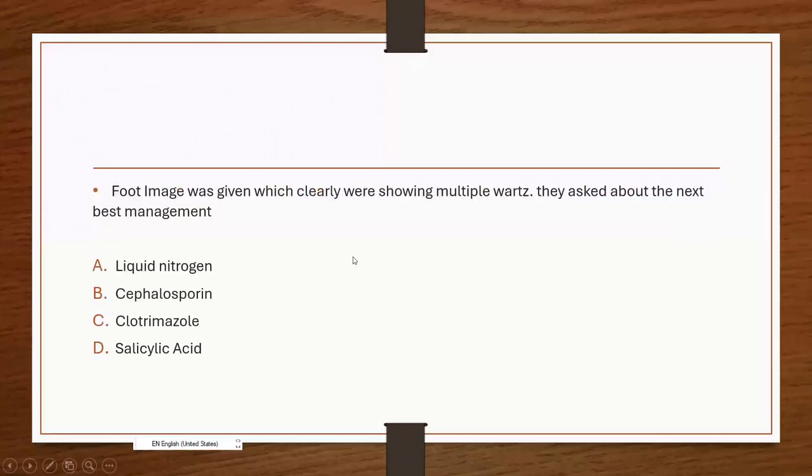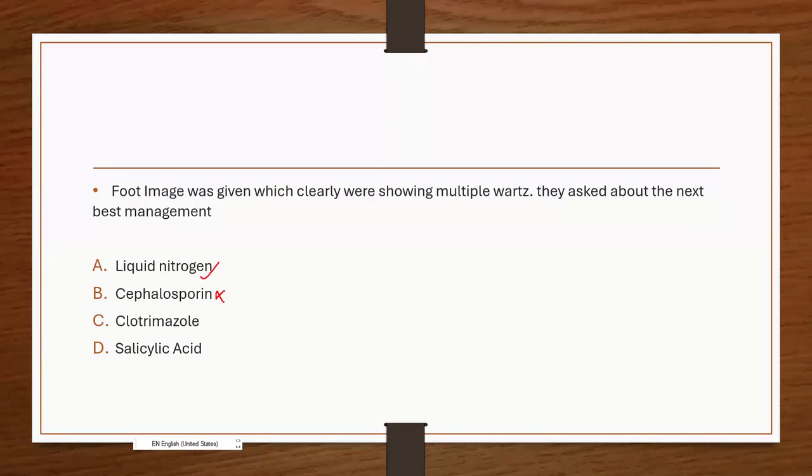Here they have not mentioned whether this is an initial presentation or a recurrence, but since nothing is mentioned about recurrence, we can assume that this might be the initial presentation. So you have to go with salicylic acid, which is answer D. Let's go through the other answers. Liquid nitrogen, yes, you can give, but not as an initial treatment; you use it if it is refractory to salicylic acid.